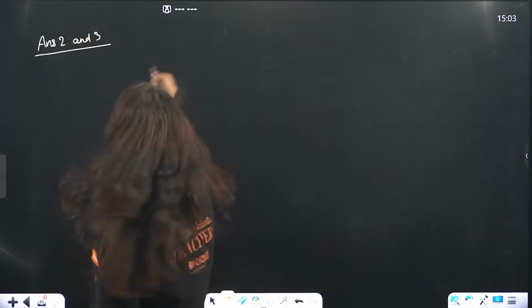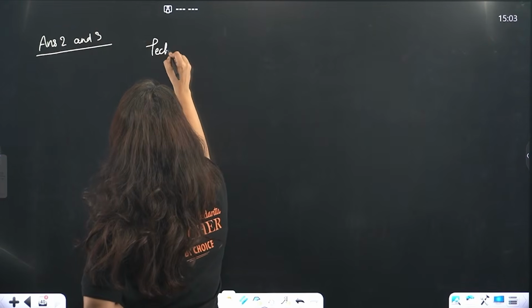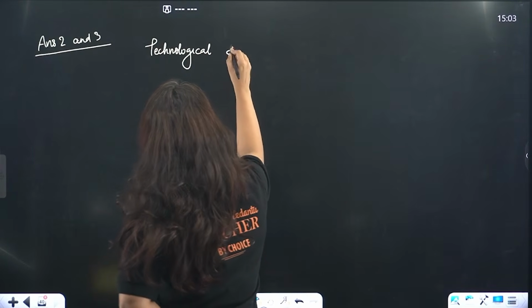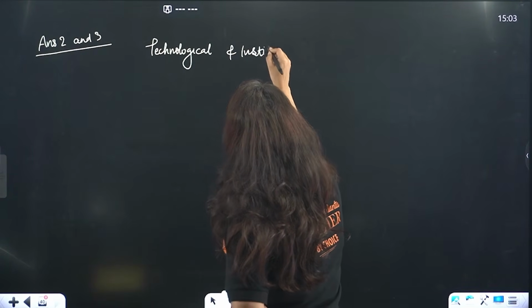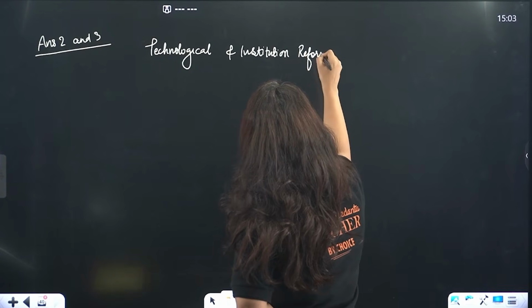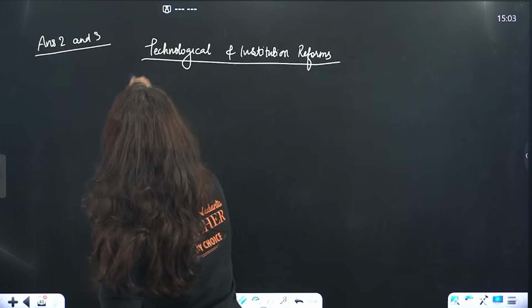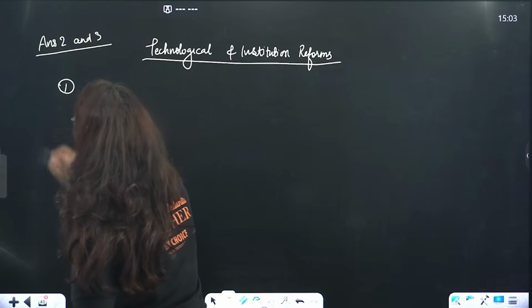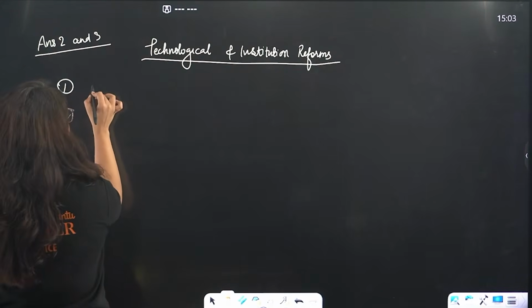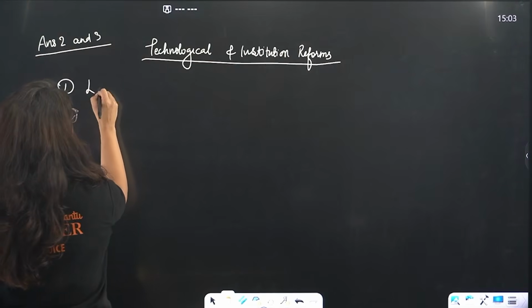What is the answer? Technological and institutional reforms made by the government of India to make agriculture more profitable. The first point here will be, beta, land reforms.